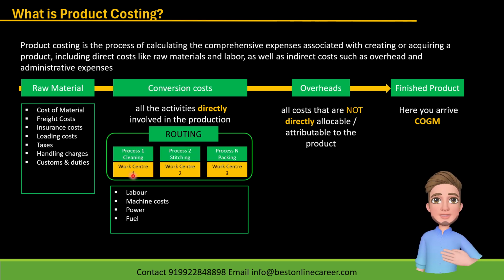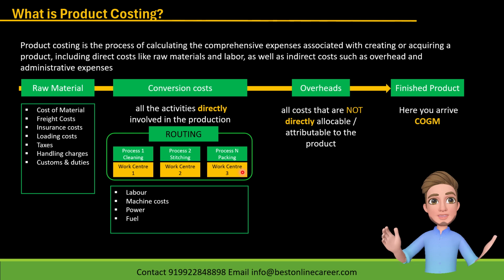So I have process 1 getting carried out in Work Center 1, process 2 in Work Center 2, process N in Work Center 3. This whole set of processes and operations that a material undergoes before it becomes a finished product is also referred to as routing.